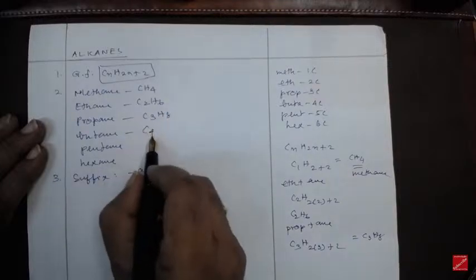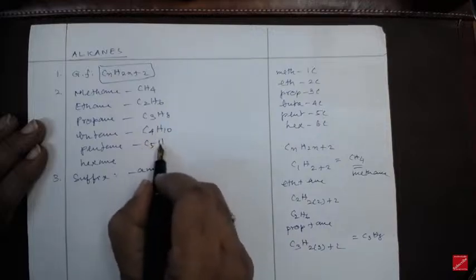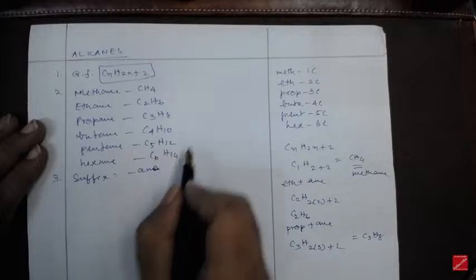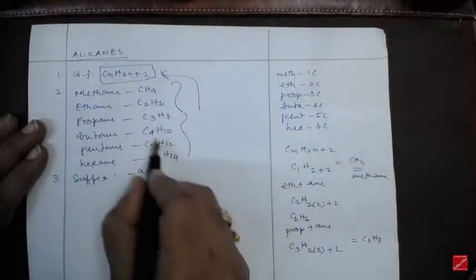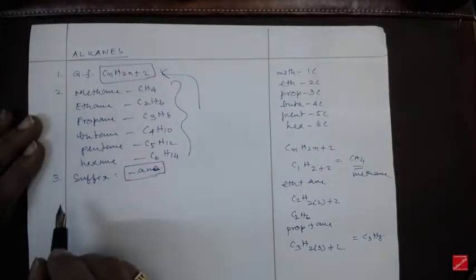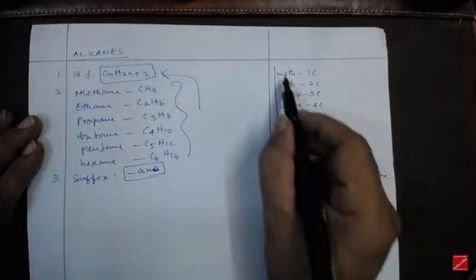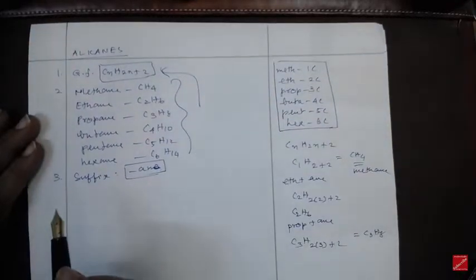Similarly, C4H10, C5H12, C6H14. All of them have the general formula, that is CnH2n plus 2, and they have the suffix A and E. As I already mentioned, meth means 1 carbon, eth means 2 carbon. Likewise, you should know up to hex. Do you understand? Write down.